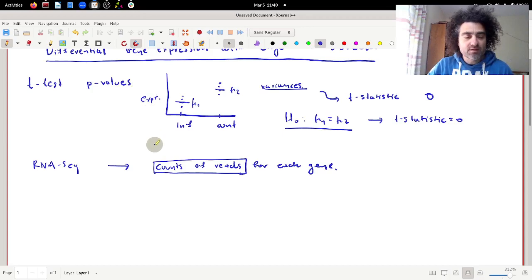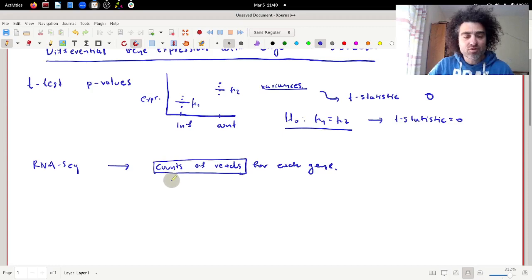Another reason is that for several genes, the number of counts, or the number of reads, is very, very small. And in this case, the variances that has to be computed, for example in t-statistic and in statistics in general, cannot be computed accurately.